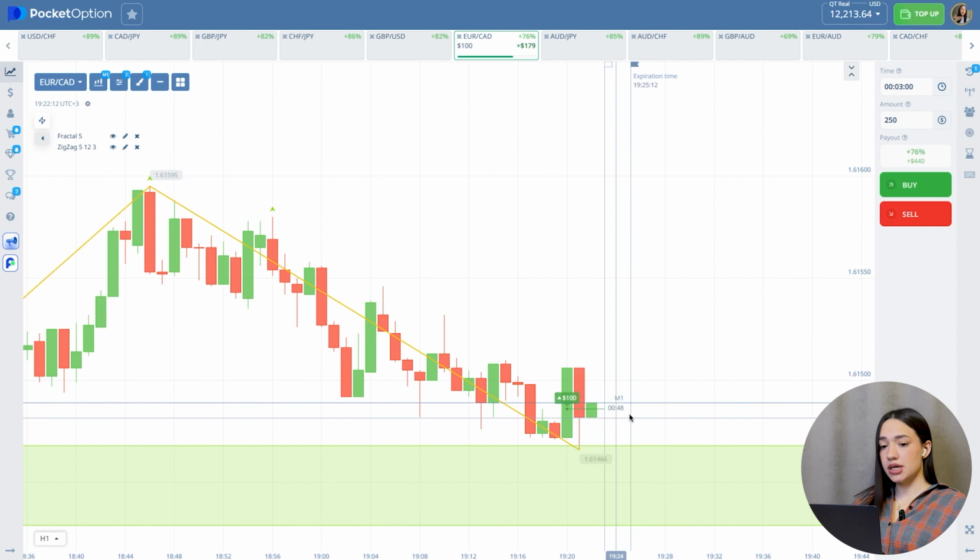So there is no other reference point here, guys. So we don't have additional indicators like RSI or maybe some channel indicators to select a more precise entry point.